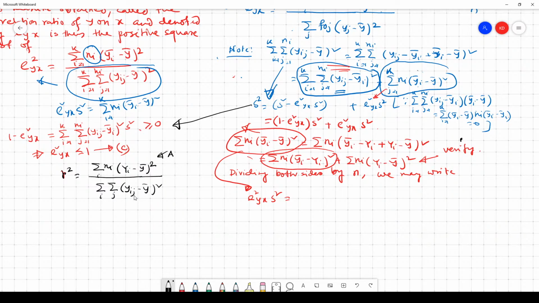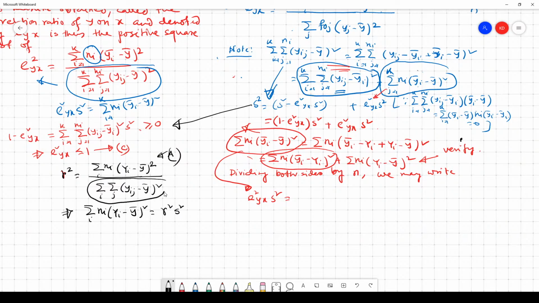I denote this equation by capital E. So this sum over i of ni capital Yi minus y bar whole square is equal to r square into s square.